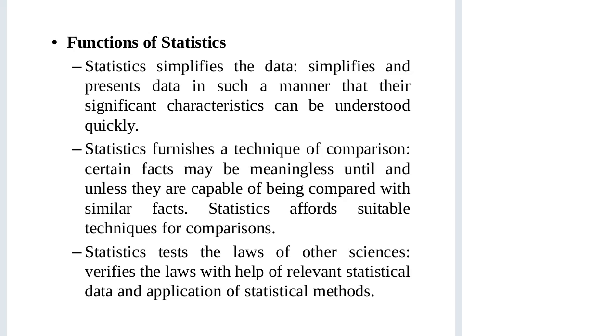For example, you need to organize them into grades. Once you have collected the marks from students, you organize them into grades. Those who scored 70 and above, those are A's.